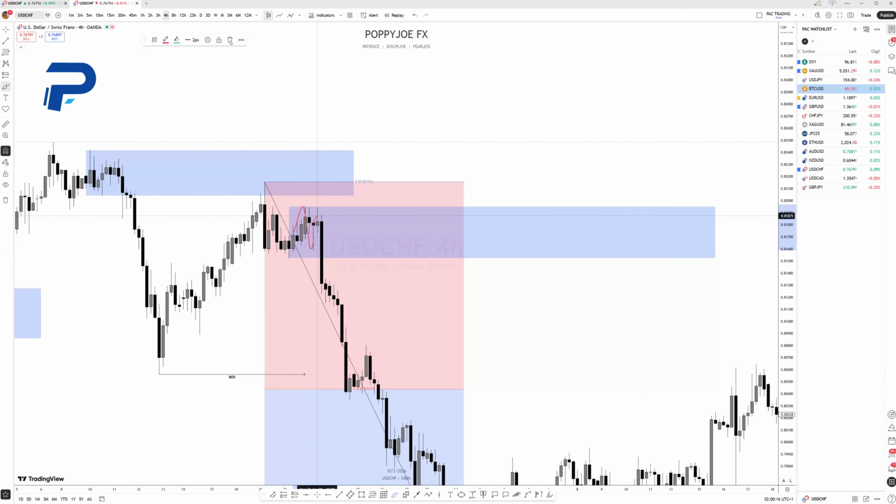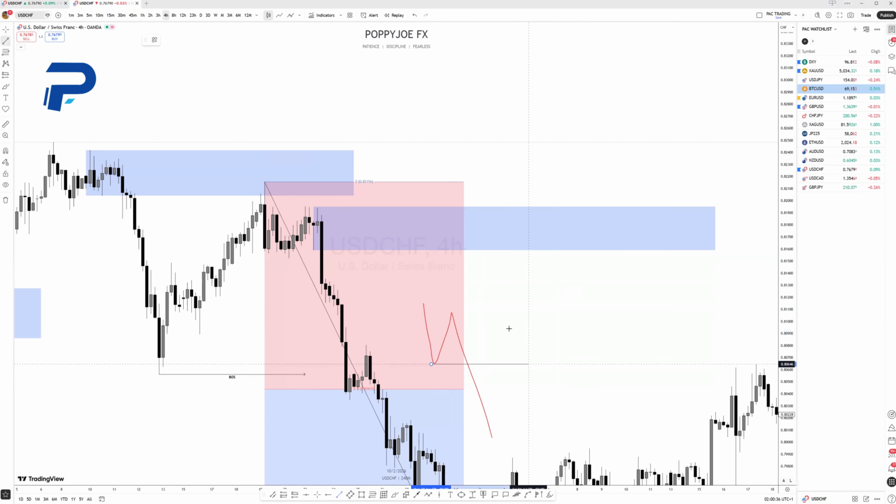So I'll refine it to that exact one, yes, this exact one is my refinement. I'll refine to that exact mitigation, right? It's still maintaining that pattern, that end pattern kind of thing. So this particular point is now the mitigation block that price will come back for as a POI. Do you understand? So that is me using PD arrays in this case to choose my POI.